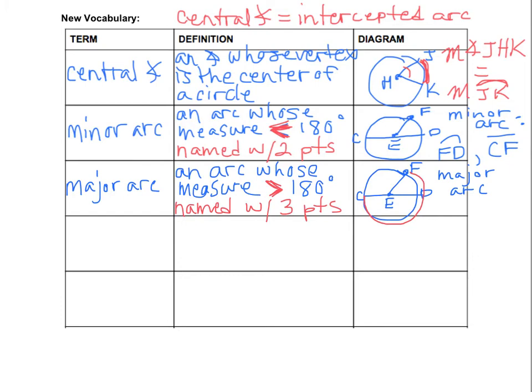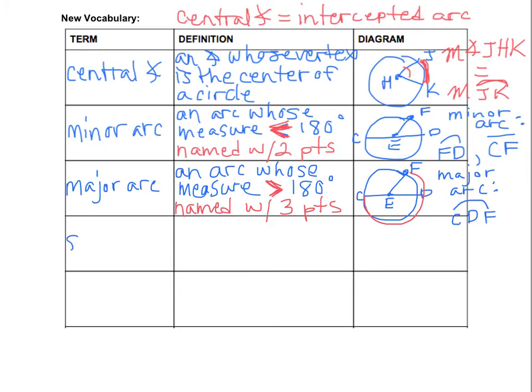So if I wanted that major arc right there that I just highlighted in red, that would be major arc CDF. So you want to make sure that you are naming it with 3 letters as it goes around the circle, whether it's clockwise or counterclockwise, it doesn't matter, but whichever piece you're naming, you need to make sure you have 3 letters there.